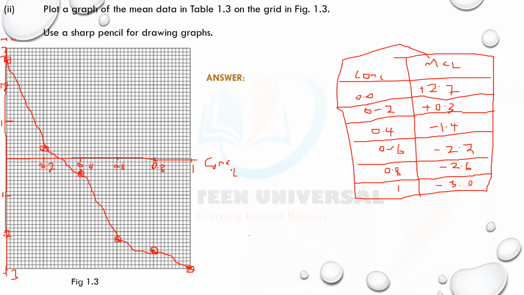This is 0.2, 0.22, 0.23... no, each one is 0.02. So 0.2 is 0.2. Where is it? Yes. 0.22, 0.24, 0.26, I guess. Yeah, 0.26.